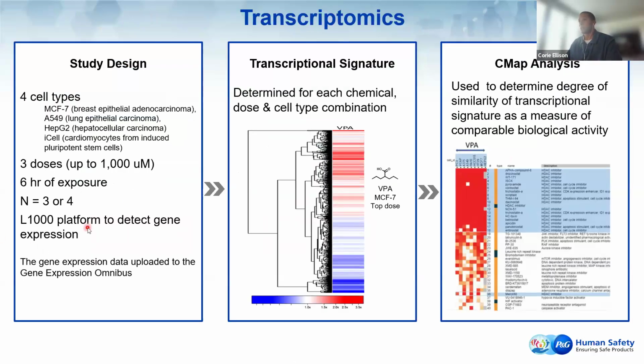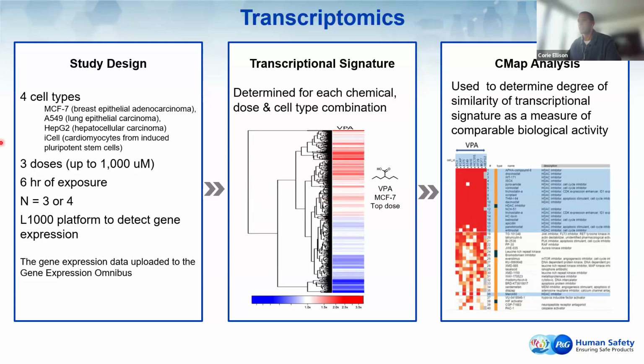So the transcriptomic studies were done for all the case study chemicals, and we utilized a study design that had 4 different cell types and 3 doses and an exposure of 6 hours. For each in vitro exposure scenario, which consisted of a given chemical, dose, and cell type, the top up and down regulated genes were identified and used to create a transcriptional signature. That's what you see here.